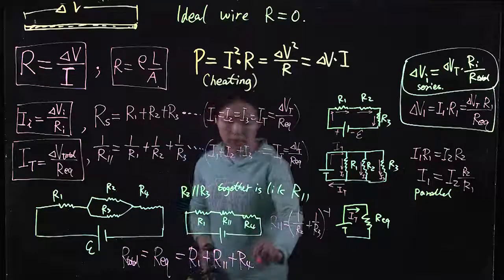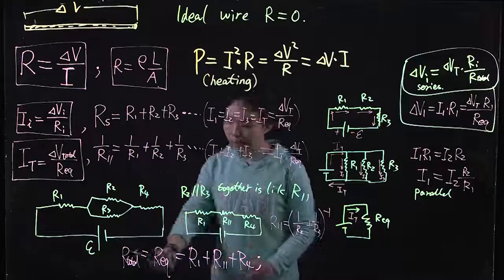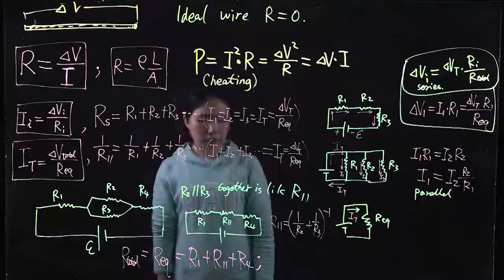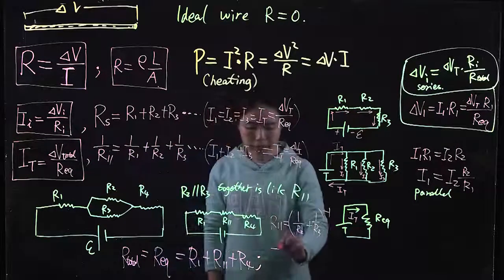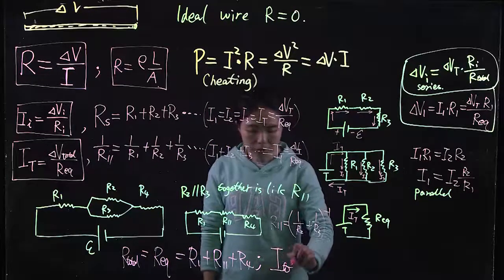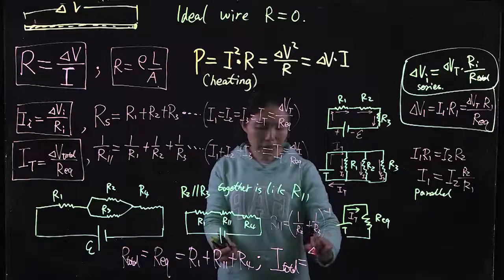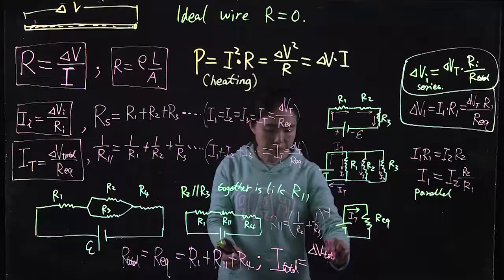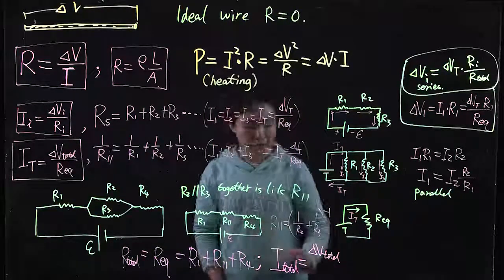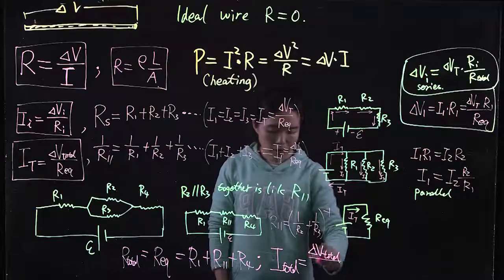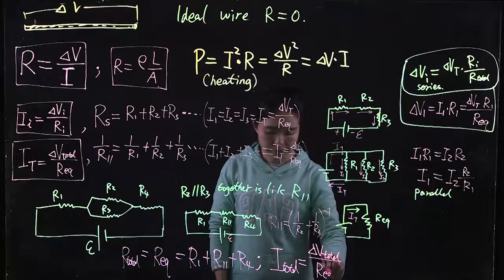And then, why do we care about this equivalent? Because then we can figure out I total is simply equal to delta V total, which is the battery voltage epsilon, over R equivalent.